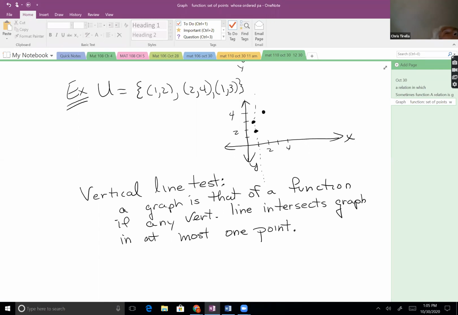And so applying that to these graphs that I have of just points, does everybody see in the graph of U, this vertical line intersects it twice? So it fails the vertical line test and it's not a function.